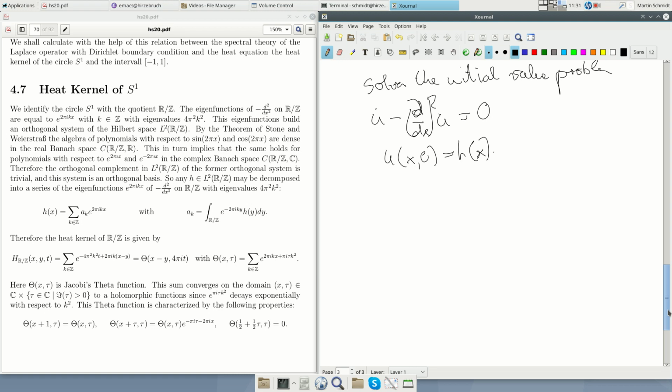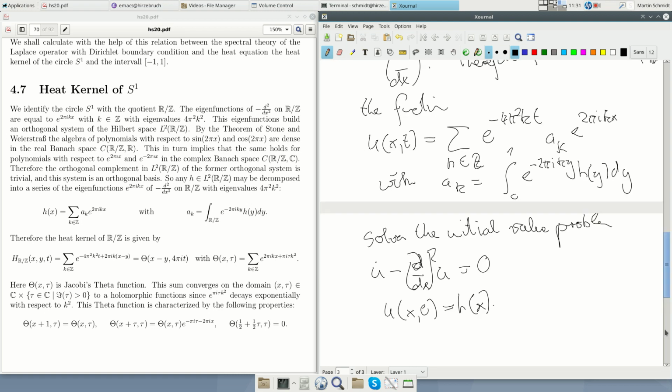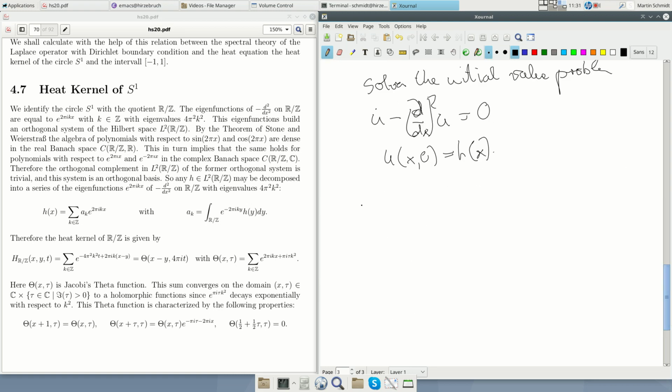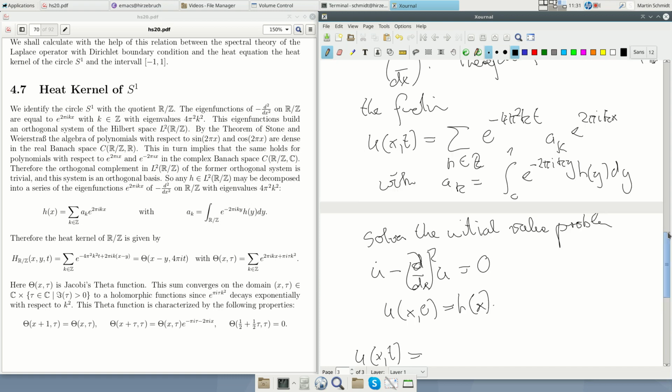Now we can derive from this the formula for the heat equation. So u(x,t), let's write this in one formula.